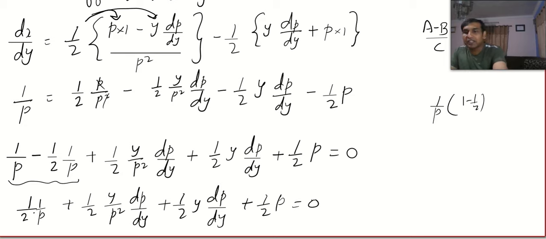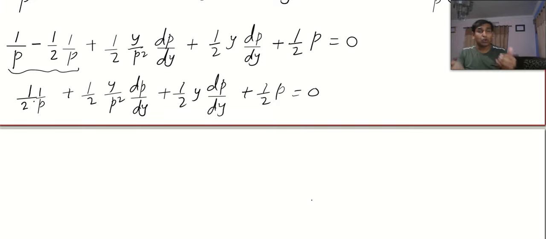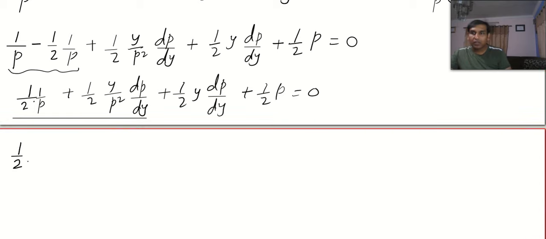Now this is freestyle. This equation might be linear, it can be homogeneous, or you might be able to factorize. But I can see that we can factorize here because I can see, okay, I'm going to take 1 by 2 p square.